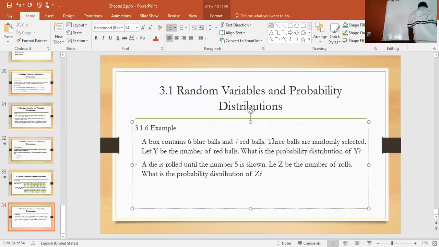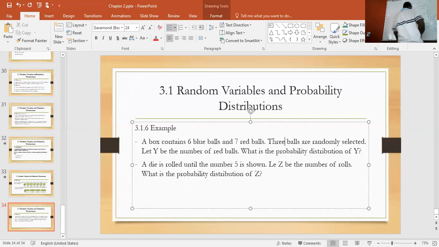6 combination 2 is 6 factorial over 2 factorial times 4 factorial. Here I wrote Y, because I was using the random variable Y. It doesn't really matter.